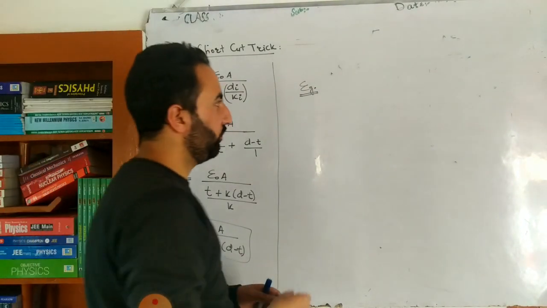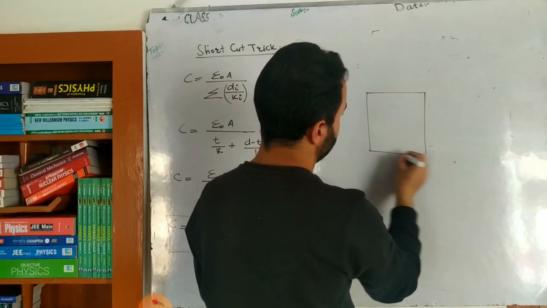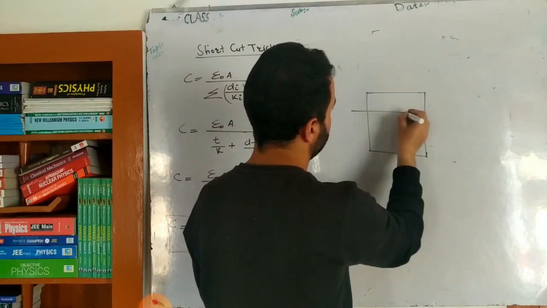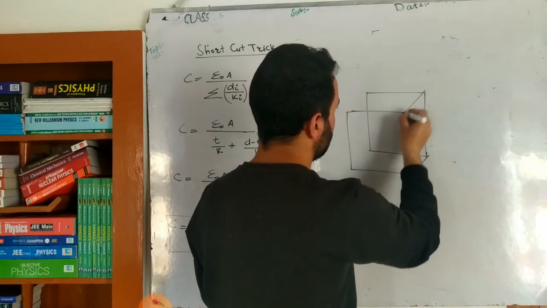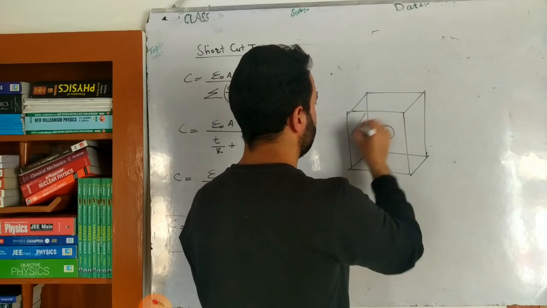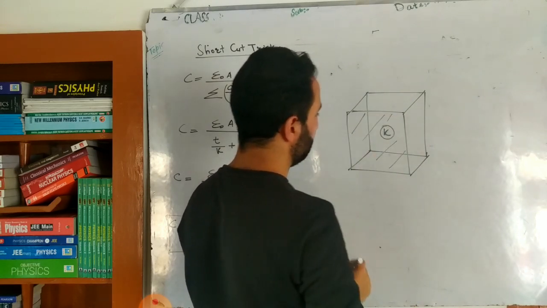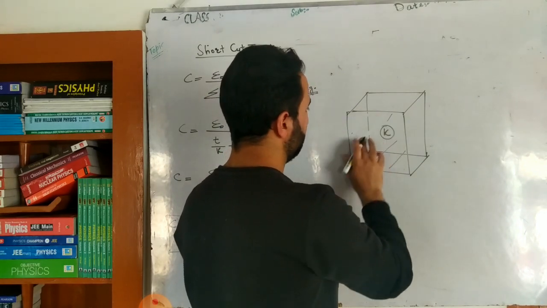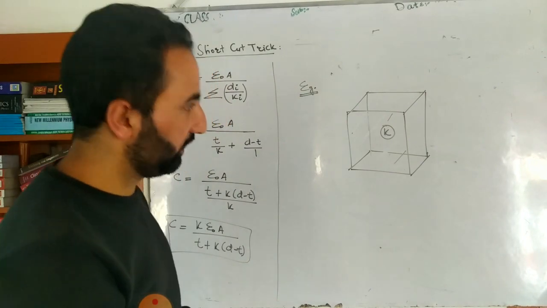Suppose that here we have a cuboid of dielectric, a dielectric in the shape of a cuboid. Its dielectric constant is K. It's like this. So this dielectric constant is how much? That's equal to K. Fine.